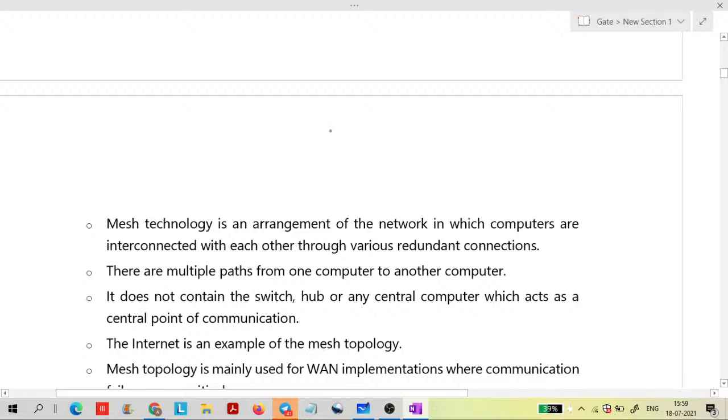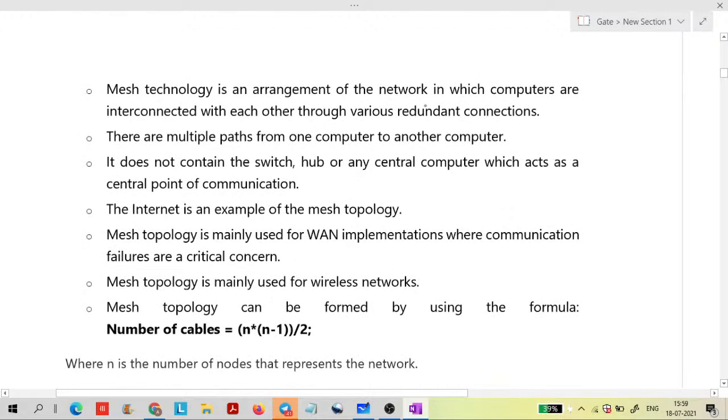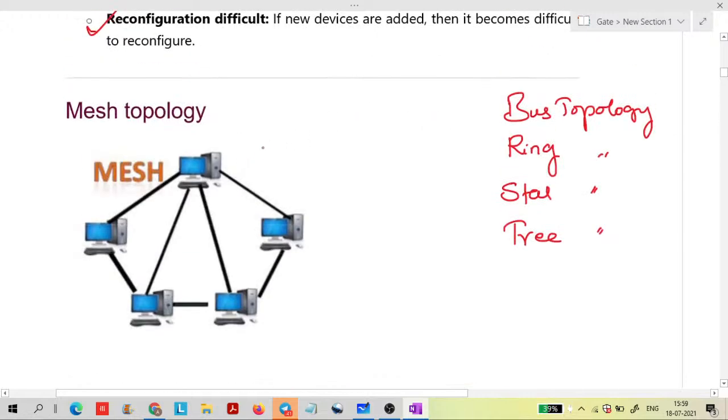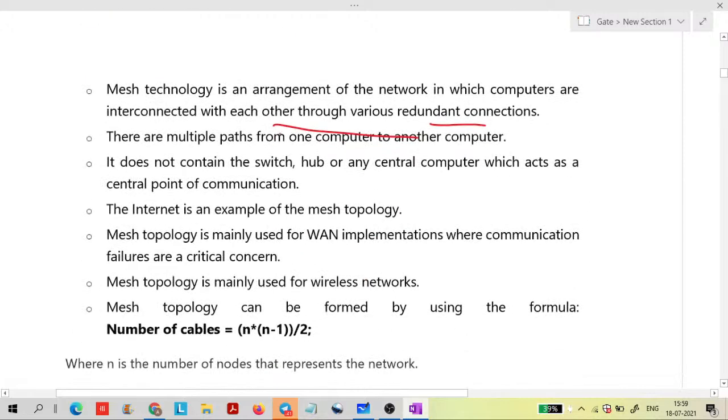Mesh topology is an arrangement of the network in which computers are interconnected with each other through various redundant connections. So there are multiple paths from one computer to another computer.